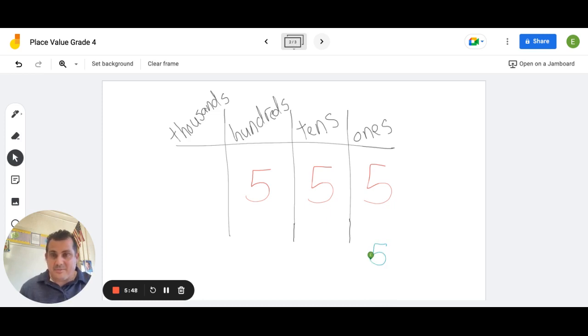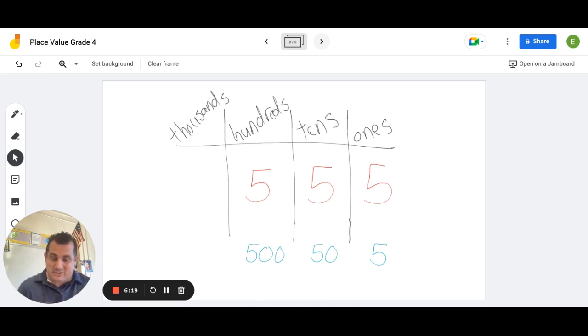So if we're here and we say my 5, because 5 ones is worth 5, 5 tens is worth 50. When I go from 5 to 50, it's getting 10 times greater. 5 times 10 is 50. Now the 5 in the hundreds is worth 500. So when we move to the 5 in the hundreds place, it's now 10 times greater than the 50 that was in the tens place.